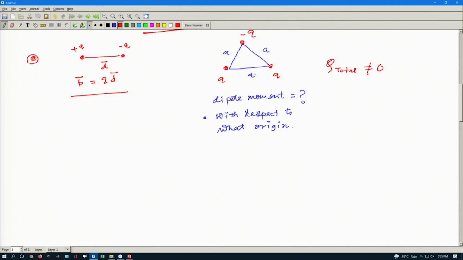In that kind of distribution, if you want to find the dipole moment, it depends on the coordinate system. The former is independent of the coordinate system, because there the total charge was 0, but this is not. We are going to prove that.